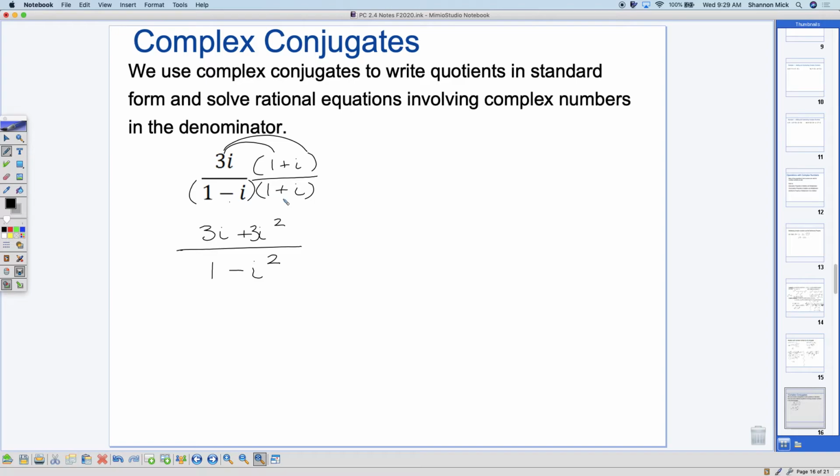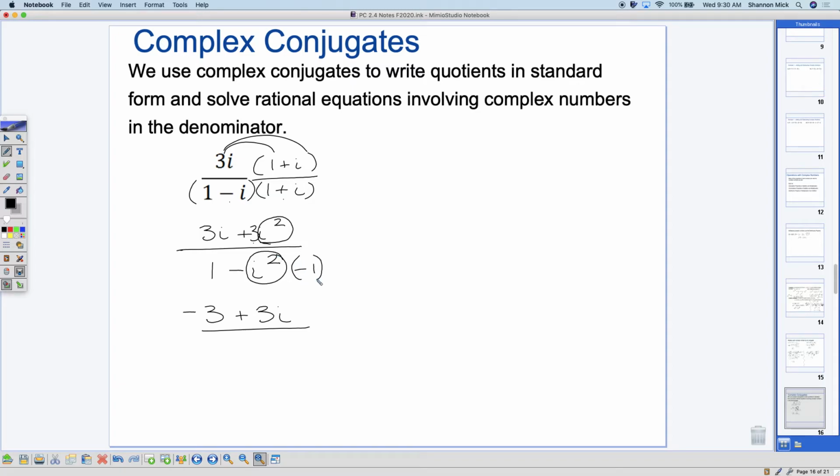Now, this i squared makes this 3 a what? Negative. And I have to write it in standard form, so the negative 3 comes out front. Switch the sign. This i squared is negative, so positive 1.